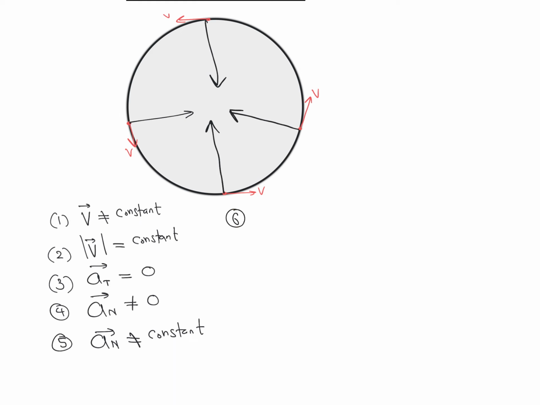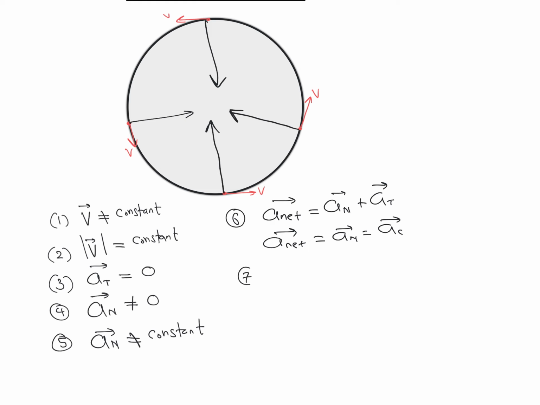Now the net acceleration is equal to the sum of normal acceleration plus tangential acceleration. As the value of tangential acceleration is equal to 0, we can write that the net acceleration is equal to nothing but the normal acceleration, which we call centripetal acceleration.